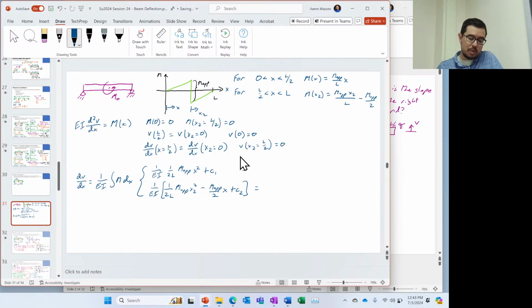So, because we need to figure out what C1 and C2 are here. All right, so now, and these are just attached, right, at these locations. So that makes this easier, right? So now we know that C1 is equal to 0. So we can write out that over here, this is just going to be 2EI.